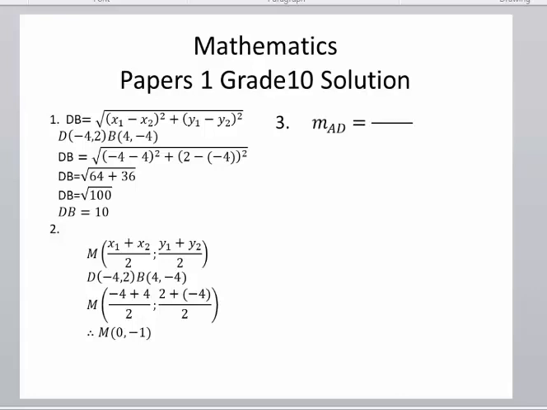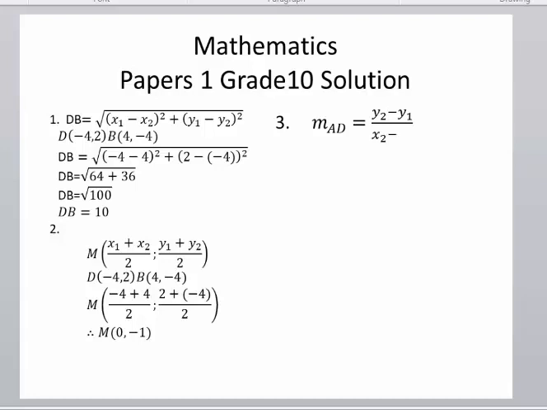Then you move on and start off with your gradient calculation for AD. The gradient is the formula (y2 minus y1) over (x2 minus x1). Now you have your formula in check, you need to write the coordinates down.